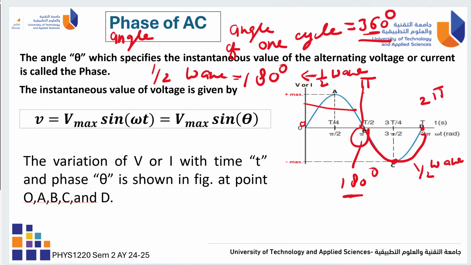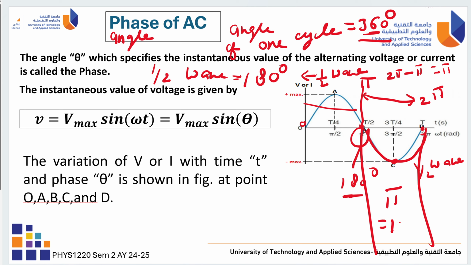So this is going from pi to 2 pi. Pi to 2 pi means 2 pi minus pi, which comes to pi. So the phase angle of this is pi, or 180.